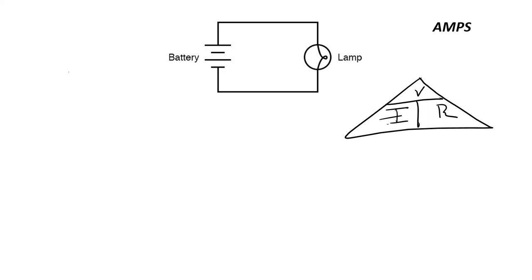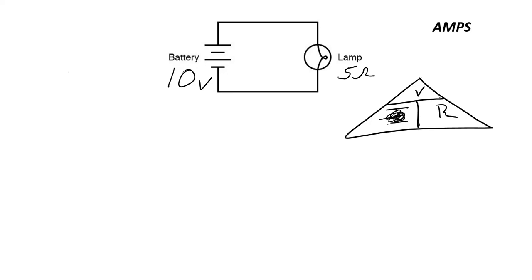So, volts, amps, resistance. And again, I'm going to use the same circuit I used last time, and we're going to find amps. So over here, I have 10 volts, and I have 5 ohms. So let me just put my finger over the I, because that's what I'm looking for.